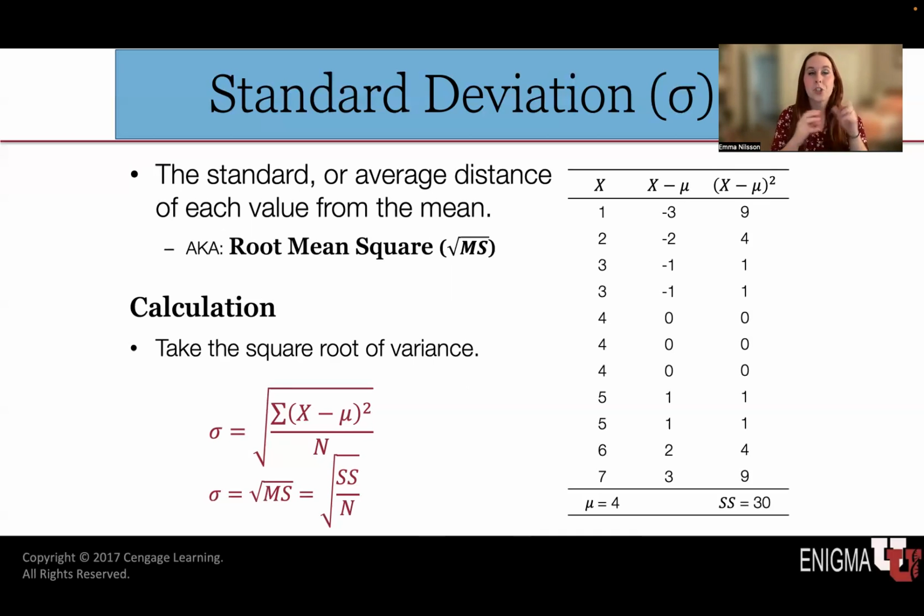The process of squaring and then averaging and then taking the square root just gives some extra weight to large scores, which is the whole point of a standard deviation. We give extra weight to large scores because we're looking at the variability. We're looking at how much the distribution varies. So that's why this process is important.